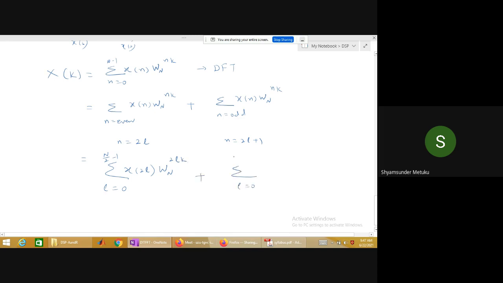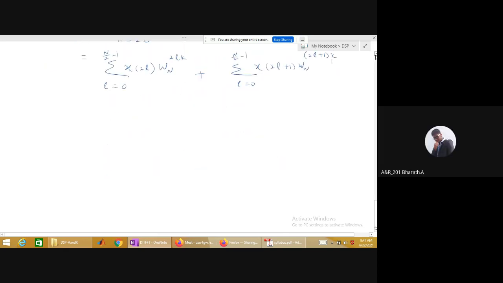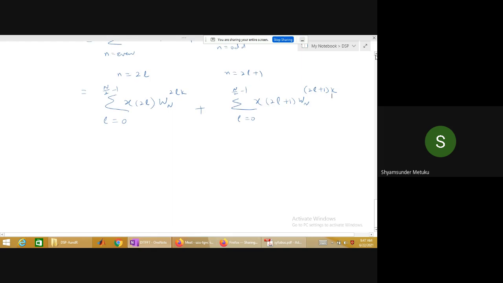Let me tell you in a simpler way. I will expand these terms, then you will come to know what exactly it means. Substitute l equal to 0. What do you get? The first summation. I'm assuming capital N equal to 8 again.